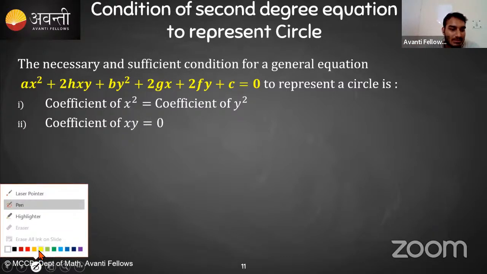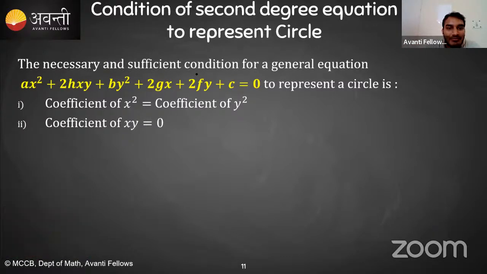The thing that we discussed is the necessary and sufficient condition for the general equation ax square plus 2hxy plus by square plus 2gx plus 2fy plus c is equal to 0. This general second degree equation will represent a circle when these two conditions are satisfied. First, coefficient of x square should equal coefficient of y square, meaning a is equal to b.